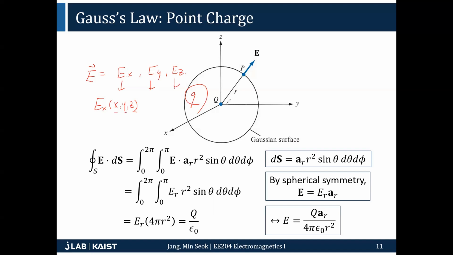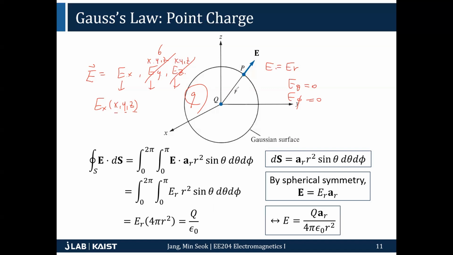Like for instance, in this case, we know that E should only have ER component, right? And then E theta and E phi component must be 0, by symmetry argument. By doing this, we remove these 2 possibilities, which actually correspond to 6 possibilities if you take into account this XYZ dependence.